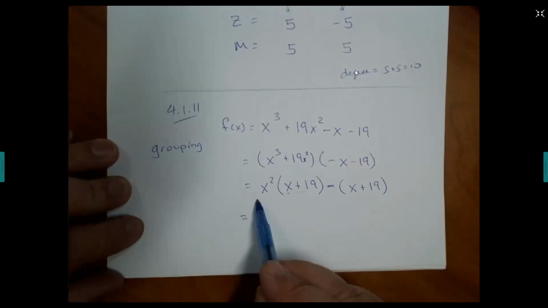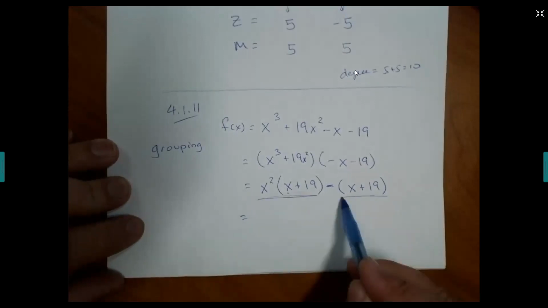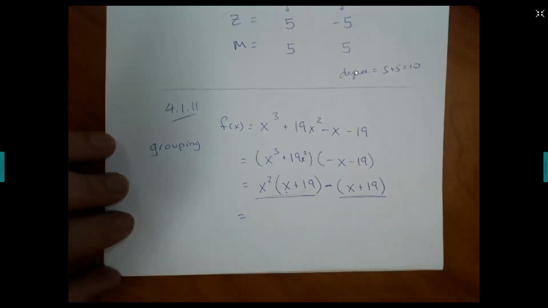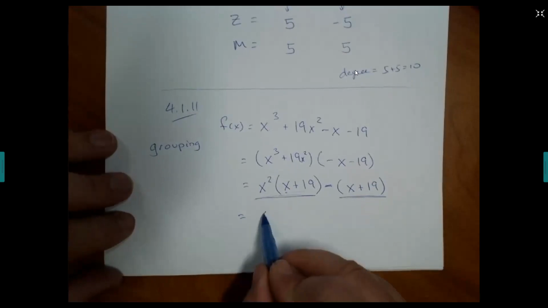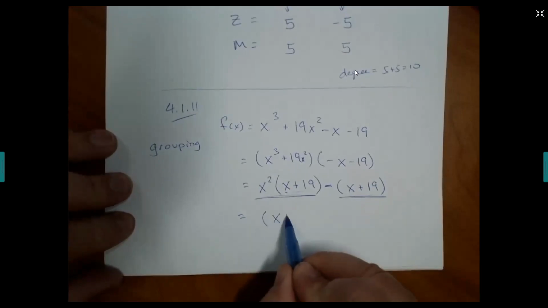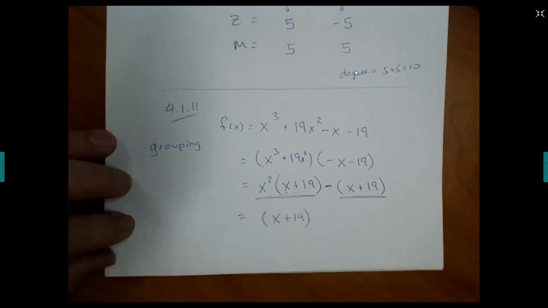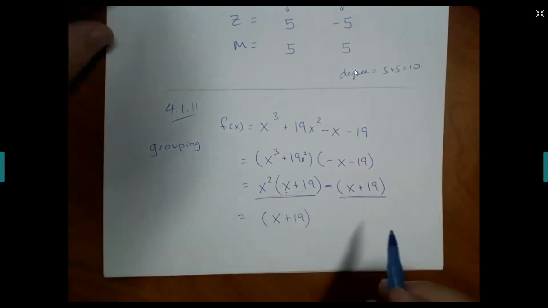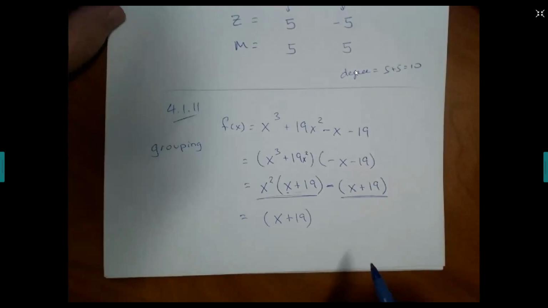Because now we have 2 terms here. We have this term and that term. What do they both have in common? The x plus 19. They both have an x plus 19, so I take it out.